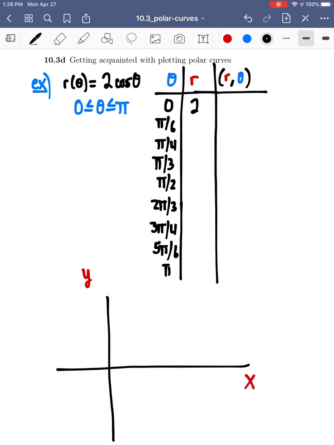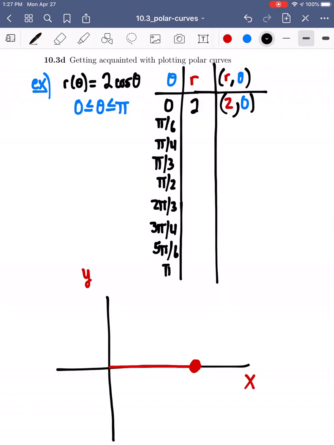So this first point that we'll consider is 2 comma 0. And again, remember, we're at an angle of 0, so we're somewhere along the x-axis, and we need to go out a distance of 2. So that's our first point.